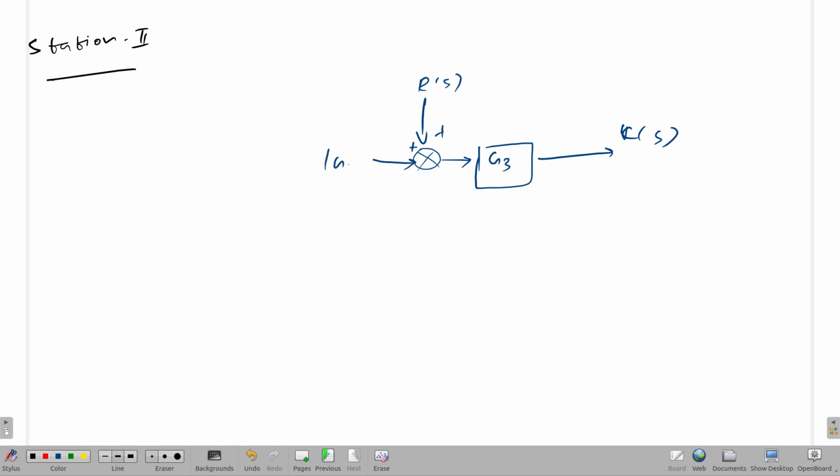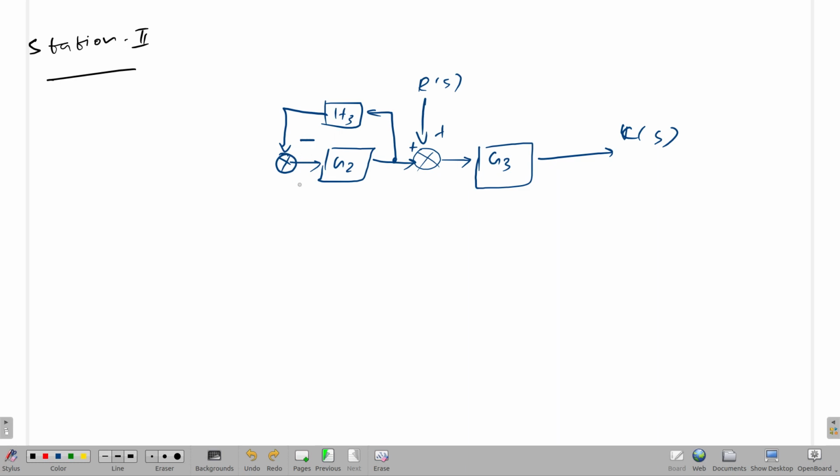We have our G2 and we have our feedback, which is H3, which is coming here. Okay, it is not a positive feedback, it is a negative feedback only, right?